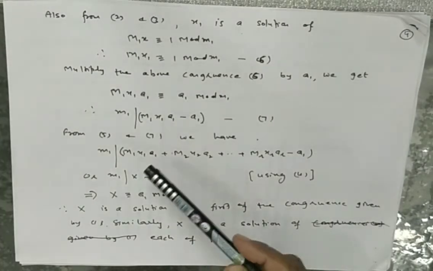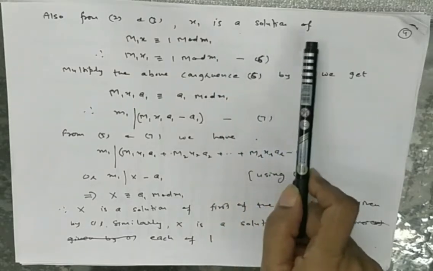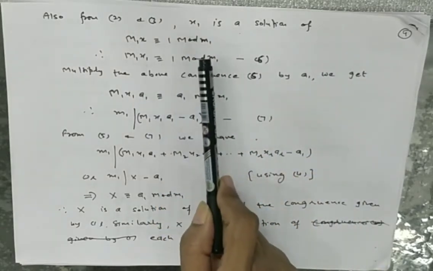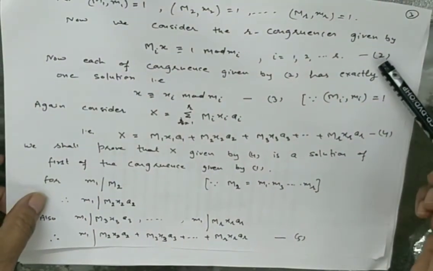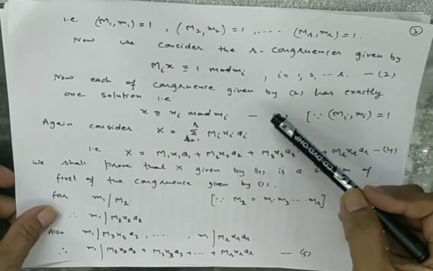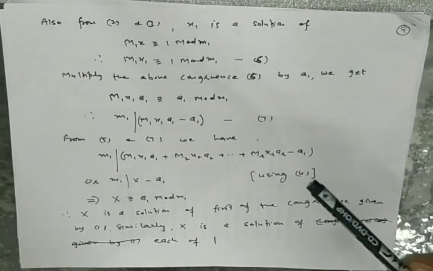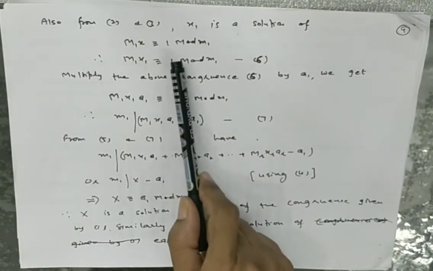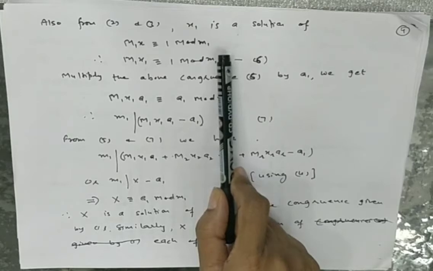Now, from 2 and 3, x1 is a solution of M1 x is congruent to 1 modulo m1. This is number 2 and this is number 3. So we get x1 is the solution of M1 x congruent to 1 modulo m1.